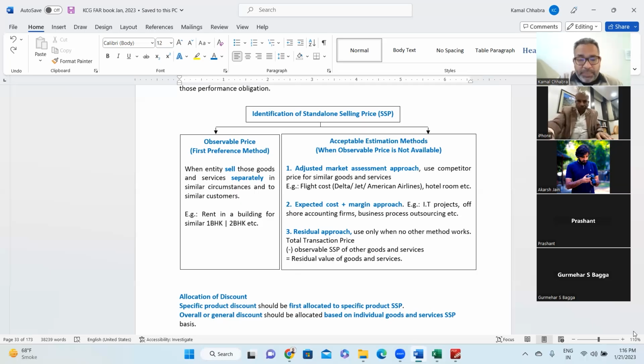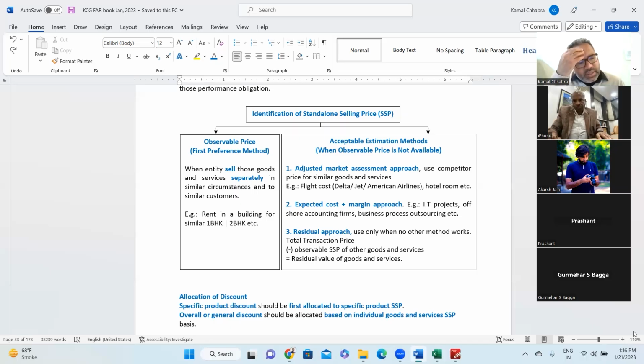If, for any product and services, observable prices are not available, for example, you have created something new. Let's assume you have created made in India drones. As of now, we are all purchasing drones either from China or from the US or from Israel. We are not making any drones in India.